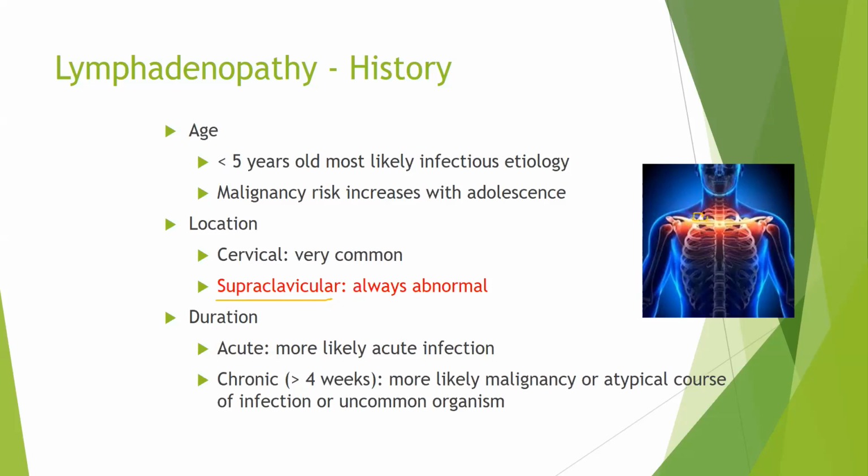So if you've got cervical or supraclavicular lymphadenopathy, then that is bad juju, and we need to investigate that acutely. The duration matters too. If they're in the presence of an infection, your body's just responding the way that it should. But if this is chronic, then we want to start to think about malignancy and possibly investigate with an ultrasound.